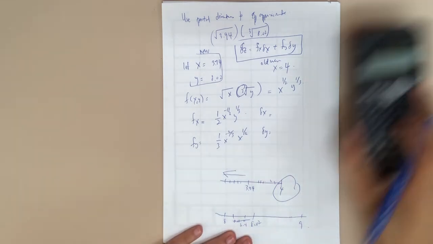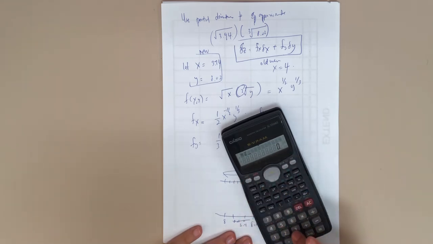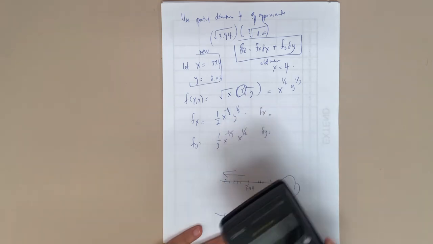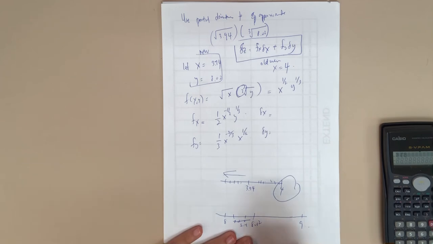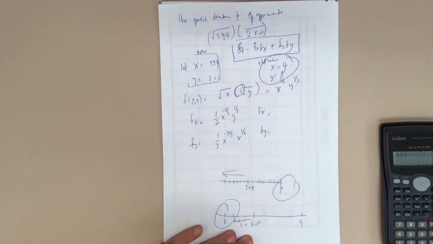And the cube root of 8 will give 2, which is a whole number. So you will choose 8 as your old value for y.